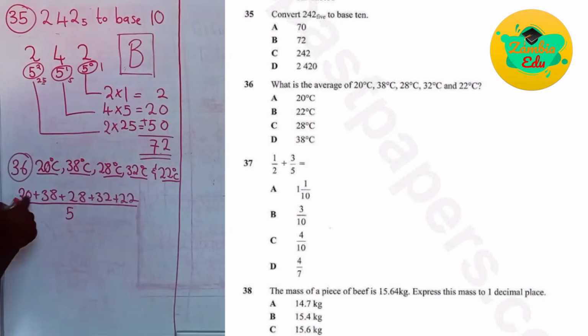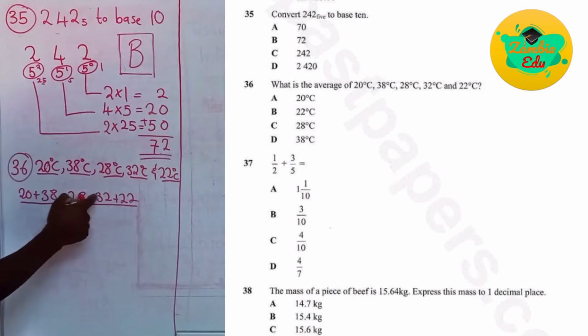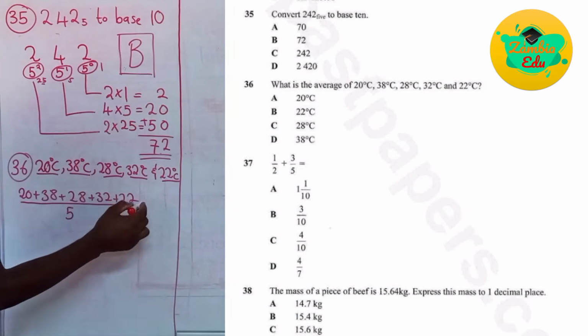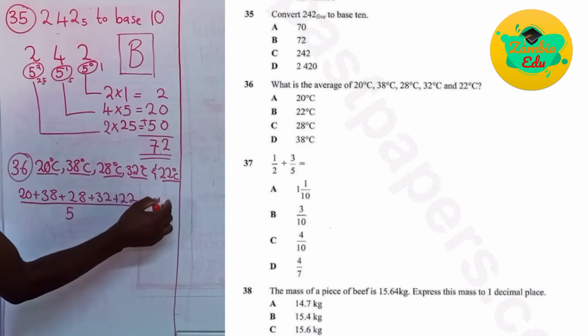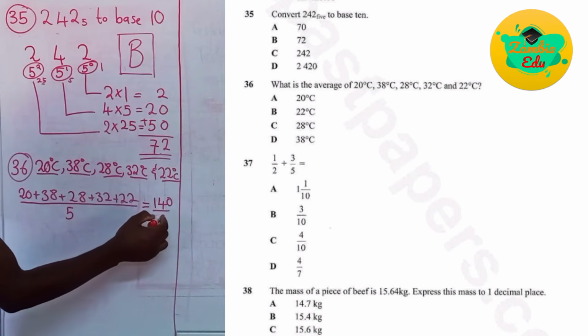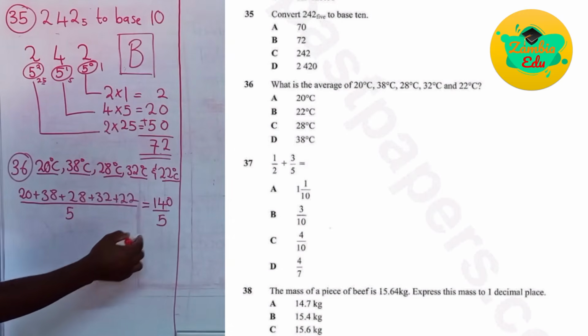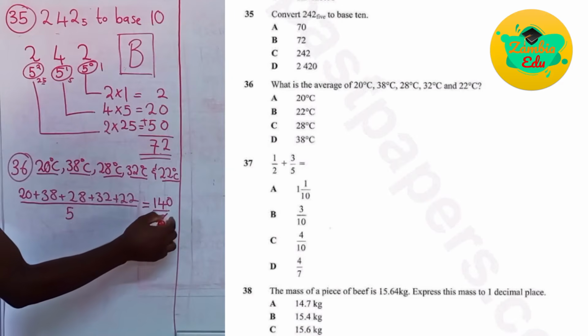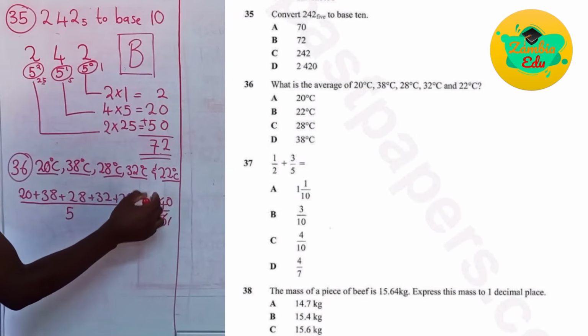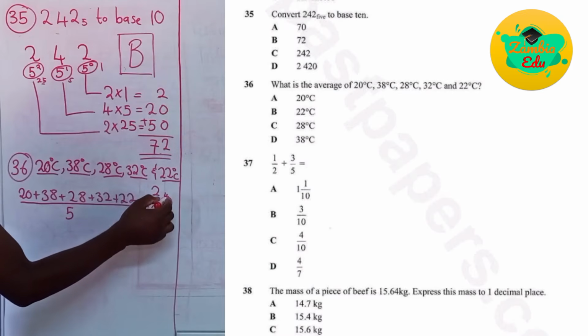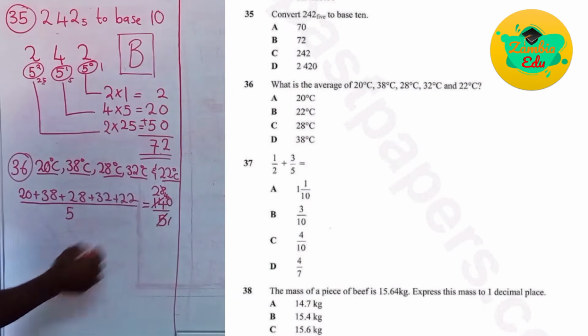So when you add 20 plus 38 plus 28 plus 32 plus 22, it gives us 140, which will still be over 5. So 5 into 14 is 2, remainder 4, 5 into 40 is 8.